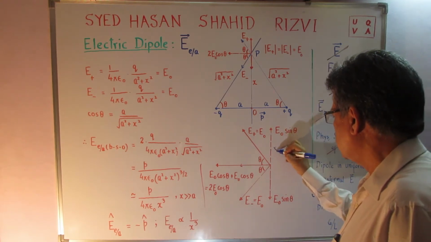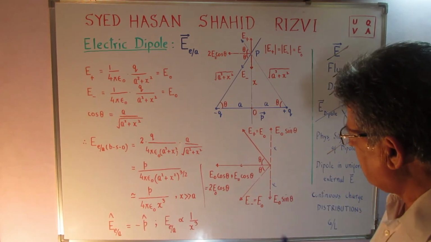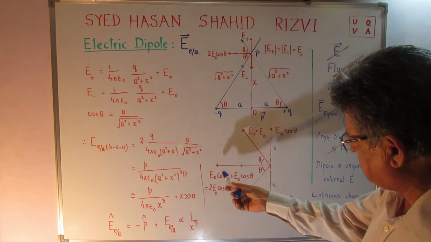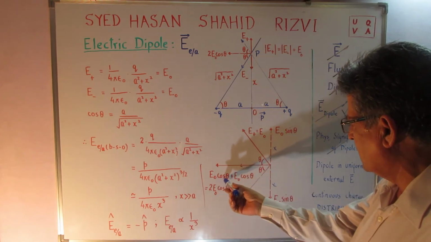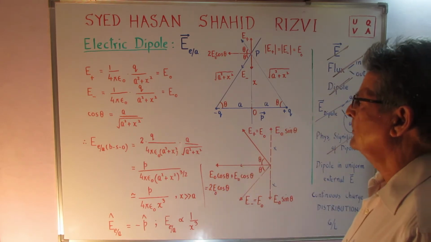So the total value which is of interest, E naught cos theta plus E naught cos theta, is equal to 2 E naught cos theta.